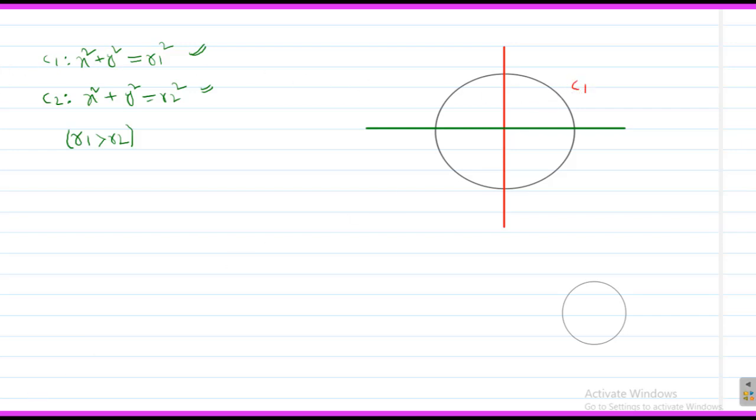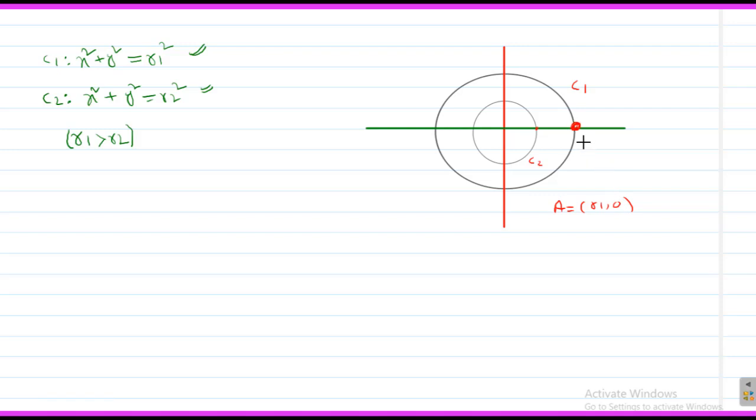So one more circle is there. This is another circle. I can call this the C2 circle. Okay, students, a point is taken on C1 whose coordinates are given as (r1, 0). First of all, you identify where that point is. Here only the point.